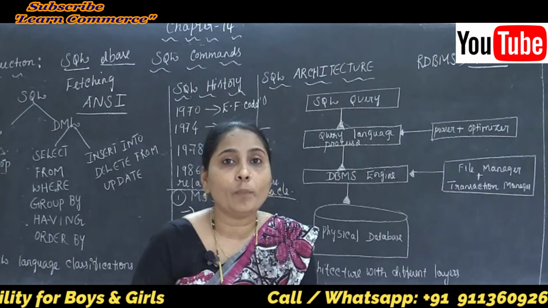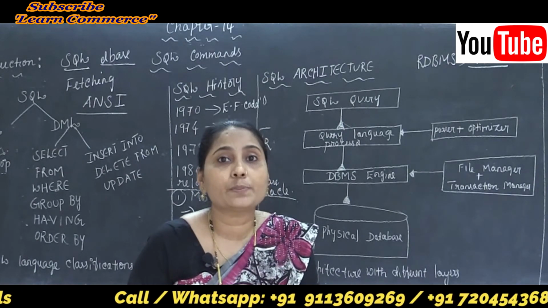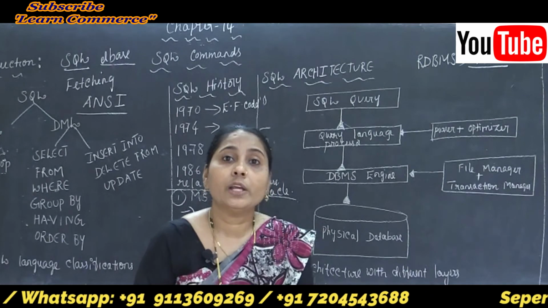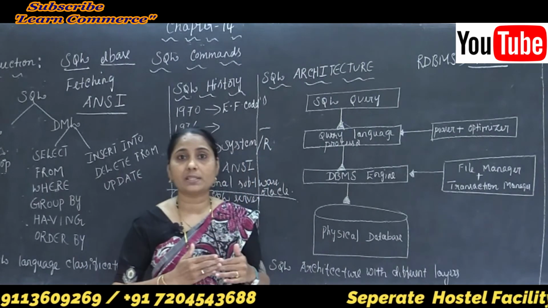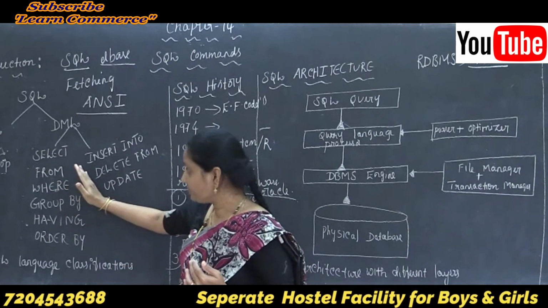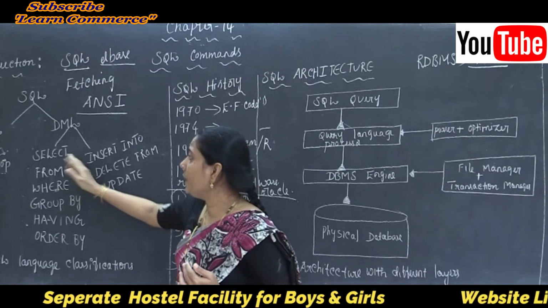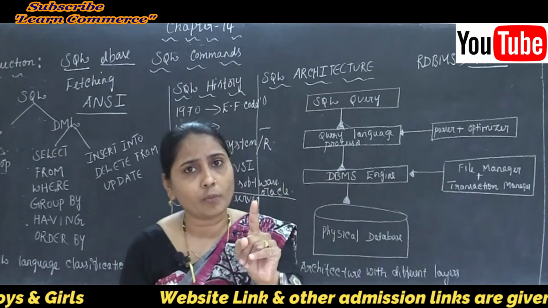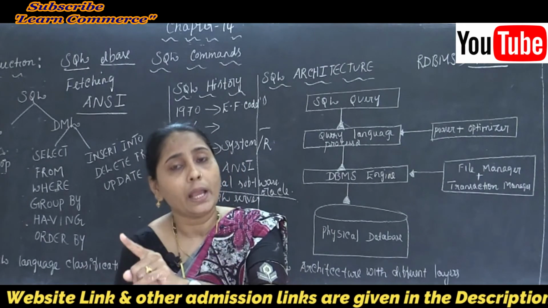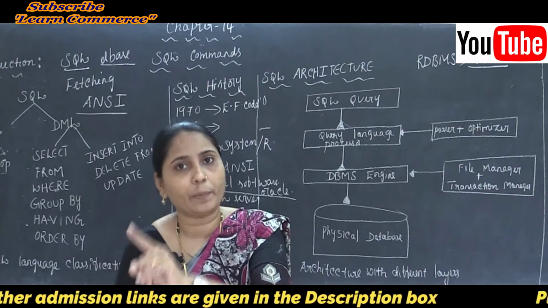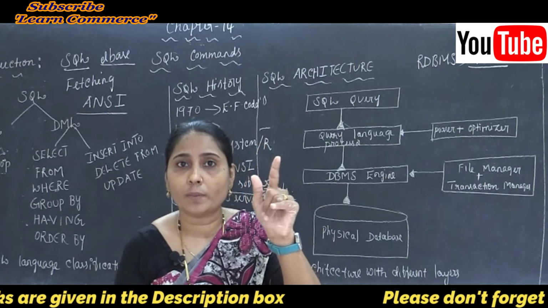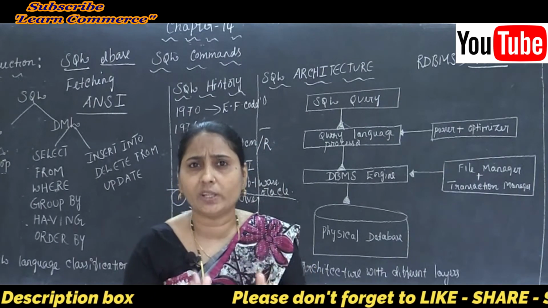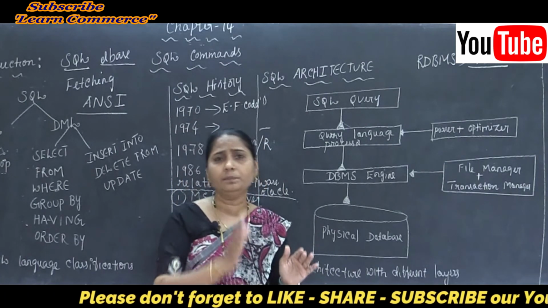The components are the query dispatcher. The meaning of the query here is some command. One example for the query: select column 1, column 2, column 3 from the employees table.